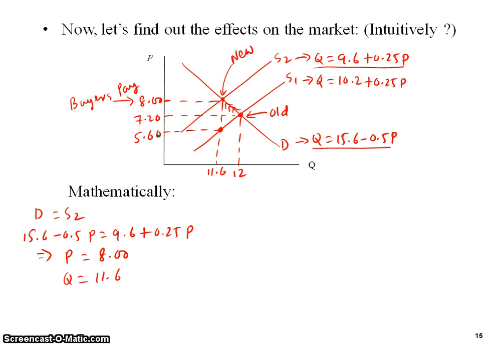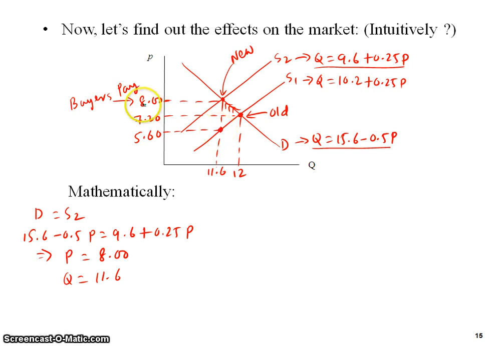The reason is, recall that the vertical distance between S1 and S2 at any quantity level, right, is exactly equal to 240, right? And since we are looking for 560, which is 240 less than $8, right? So this 560 is found at this point.